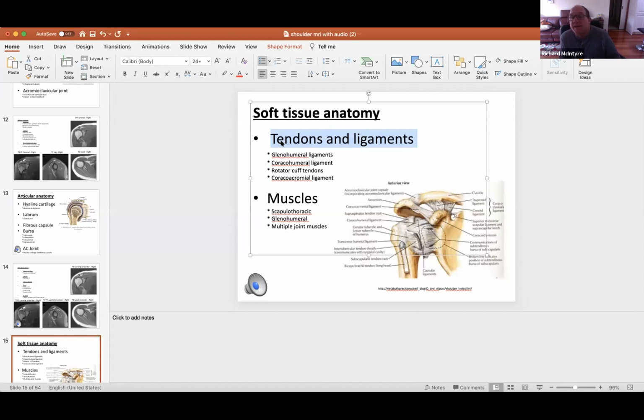But of course, when they get diseased, or when they get ruptured or torn, then they will have hydrogen. So that's going to be very diagnostic, creating contrast between the normal and the abnormal tissues.